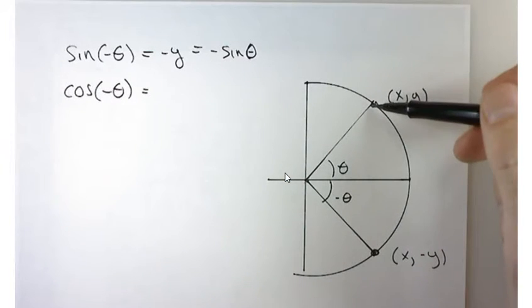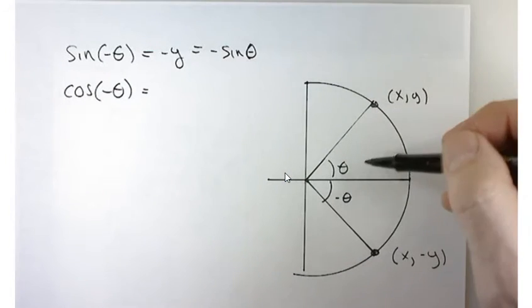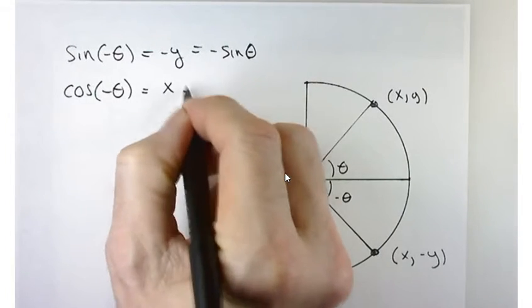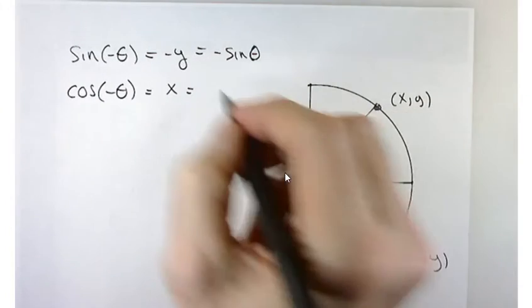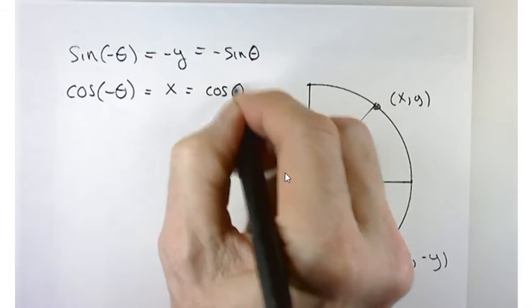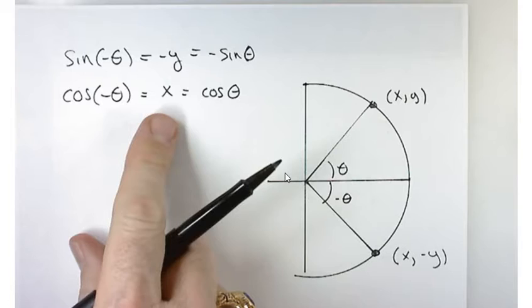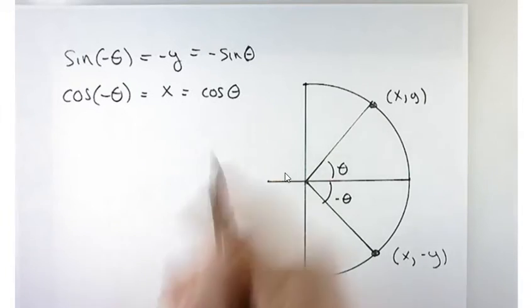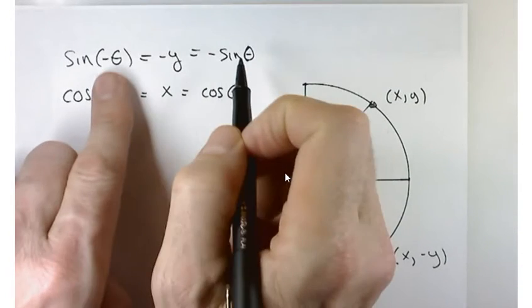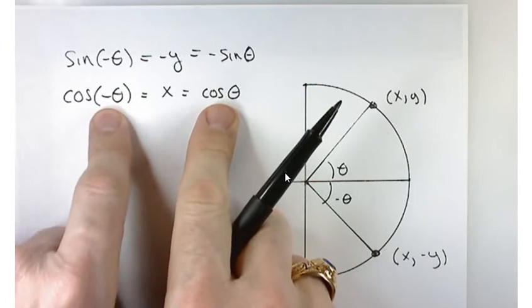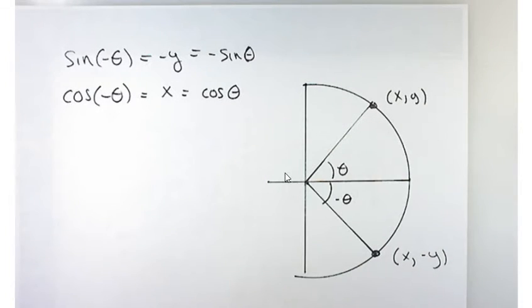Whereas the cosine, what's the cosine of negative theta? x, and the cosine of theta is also x. So it doesn't matter if you take the cosine of a negative number or a positive number, you get the same thing. So that negative for your sine function can factor out, and that negative for your cosine function disappears.